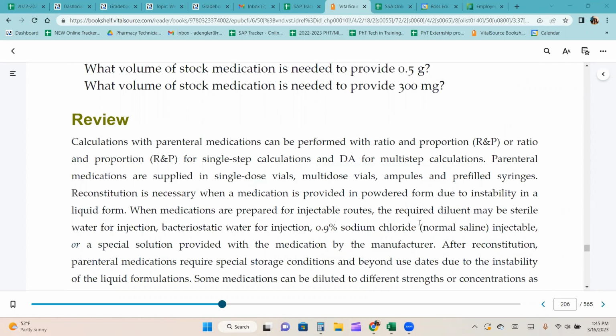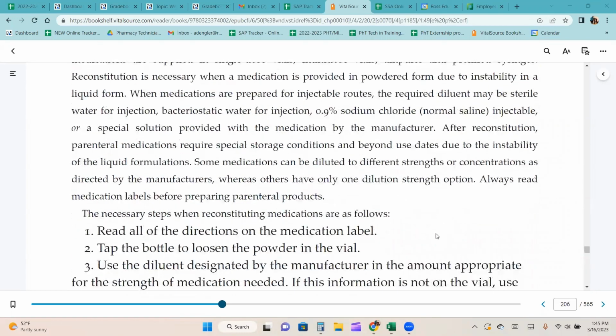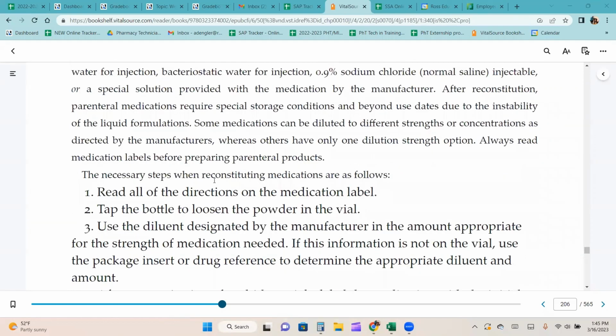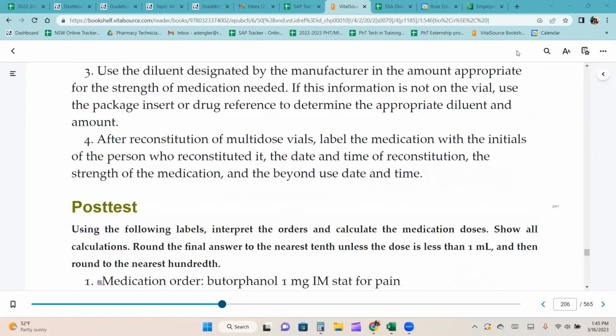When medications are prepared for injectable routes, the required diluent may be sterile water for injection, bacteriostatic water for injection, 0.9 sodium chloride, which is normal saline injectable, or a special solution provided with the medication by the manufacturer. And then we have the necessary steps when reconstituting medications. And that is it.